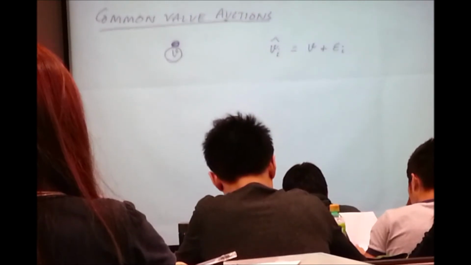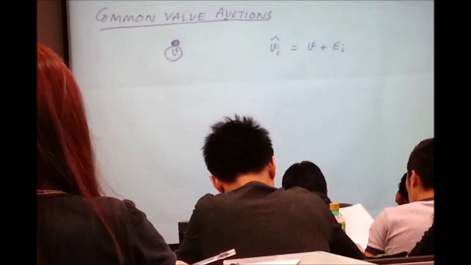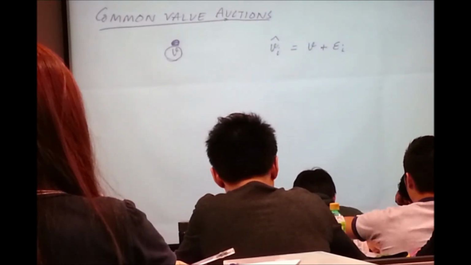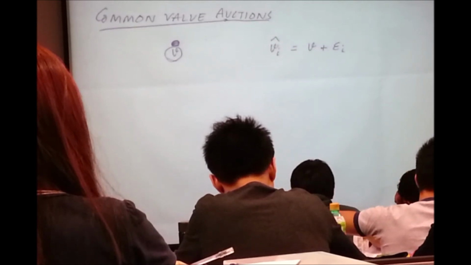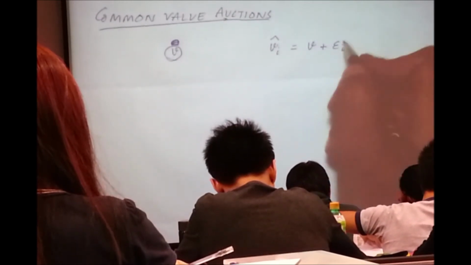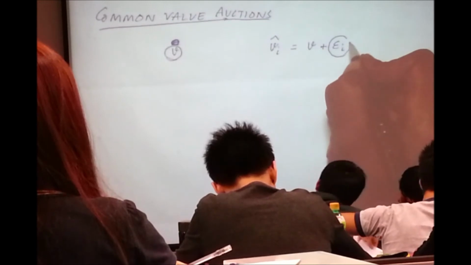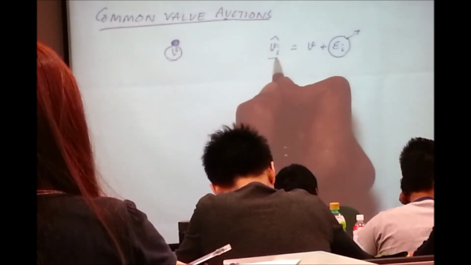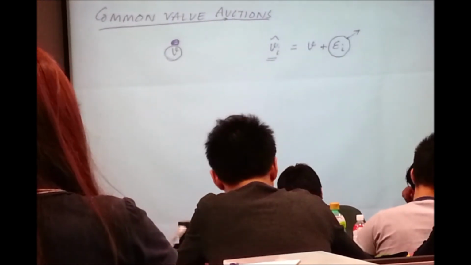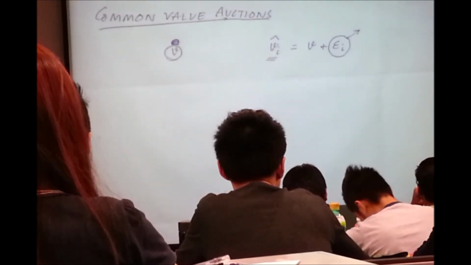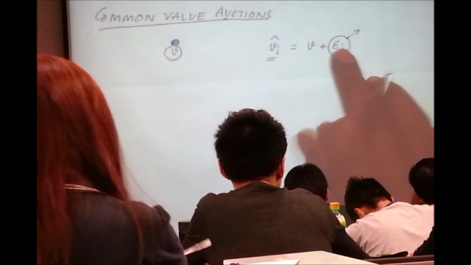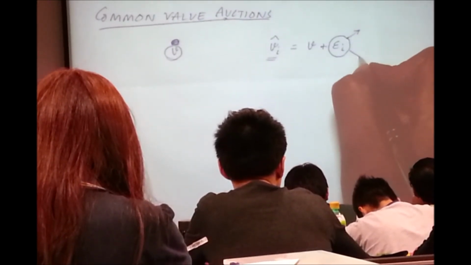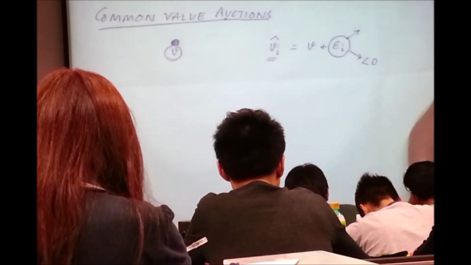Now notice something. If this error for a bidder is greater than 0, that means the bidder is overestimating the value of the good. If this error for the bidder is less than 0, the bidder is underestimating.